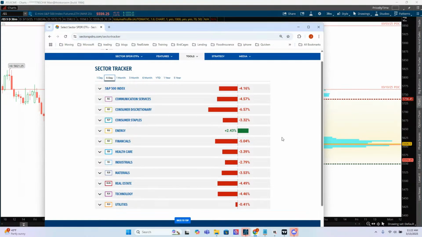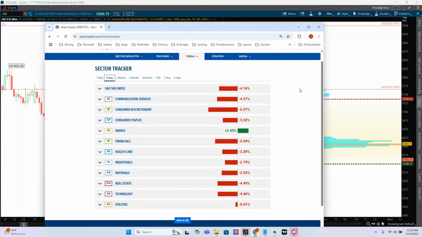Anyway, that's that particular point as well. Last week, we saw that everything was selling, which is a correlation of 1-to-1, which is pretty high, which means that everyone's just dumping the market.